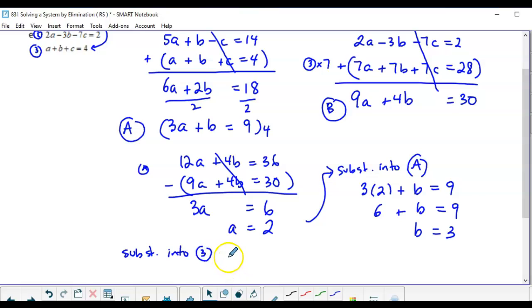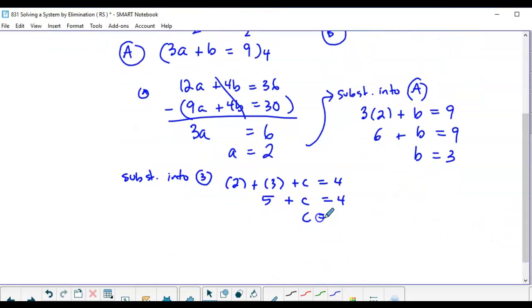It was kind of the simplest equation. So A is 2 plus B is 3 plus C equals 4. So that's 5 plus C equals 4. So C equals negative 1. So then I'm going to summarize: A equals 2, B equals 3, C equals negative 1.